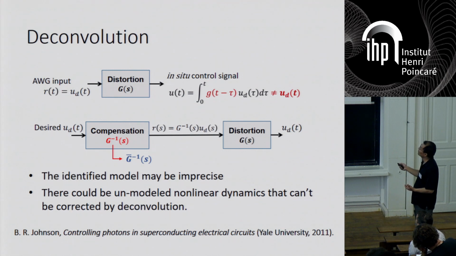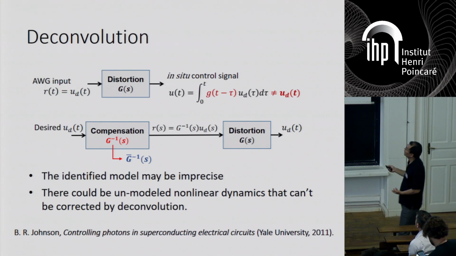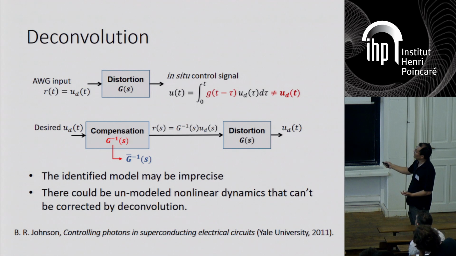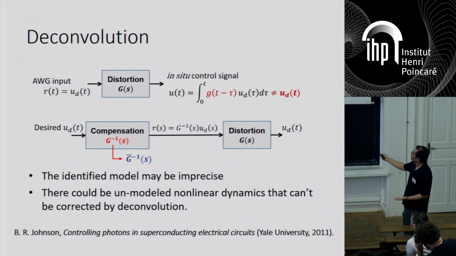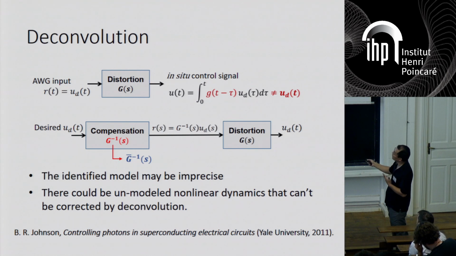So from this AWG signal to this in situ signal, there is a convolutional distortion. Now, if you know the model, you can just put the inverse model in front of this reference input. Then I want to generate some signal, say U_D. You can put it here. If you apply this signal to your AWG, the output will be exactly the desired signal, because the inverse composed with the model is just identity, right?